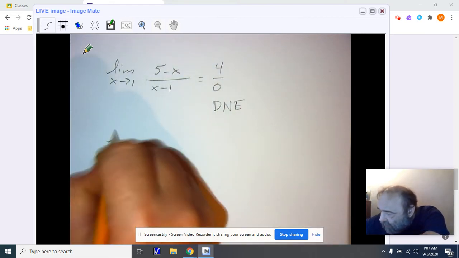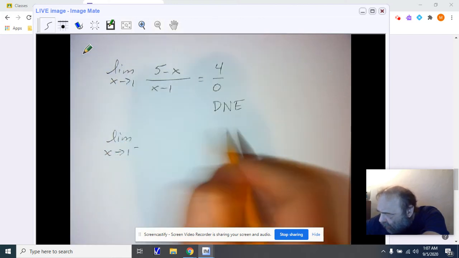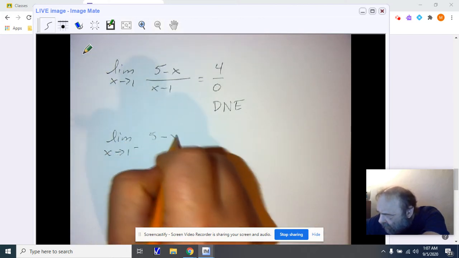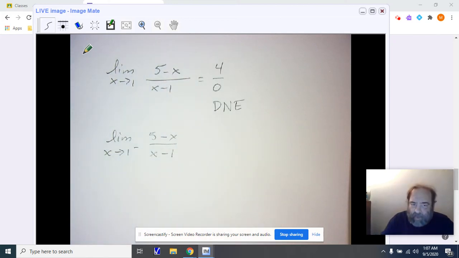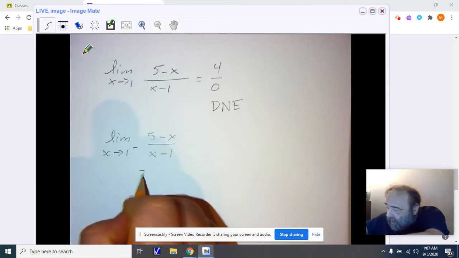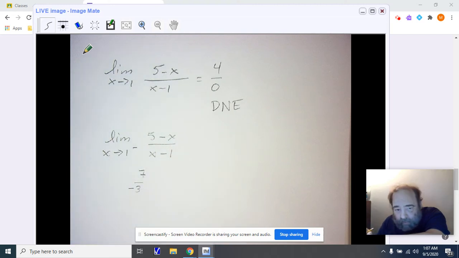But that's not the case when we're talking about the limit as x approaches a value from the left or the right. Notice this problem, approaching a value from the left. I recommend you think about a table of values. Let's start by plugging in -2, for example. If you plug in -2, you'll notice our value is going to be 7 on the top, and we're going to have a -3 on the bottom.